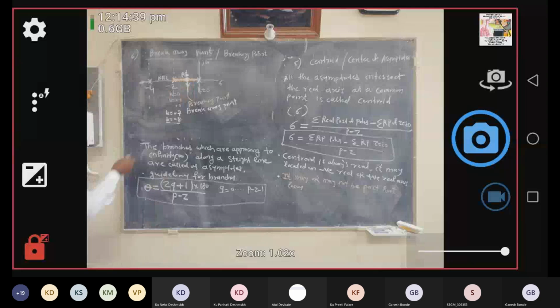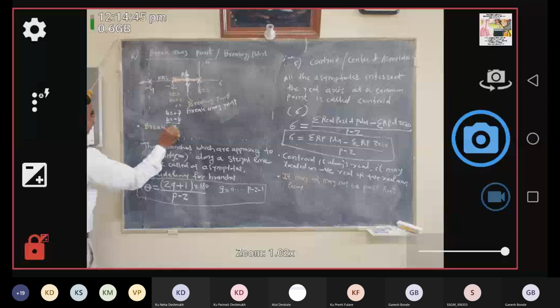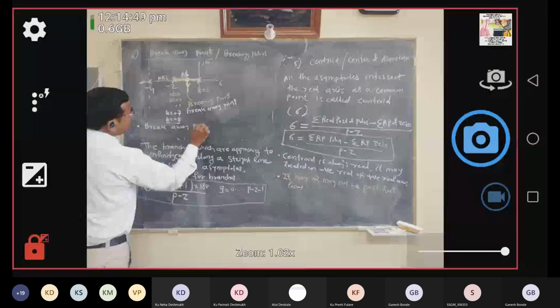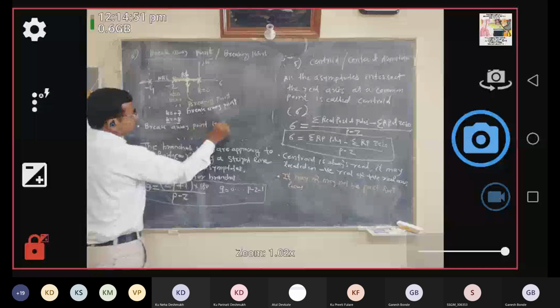So here is the existence of the breakaway point. Note down: the breakaway point always exists in two open loop poles, consecutive open loop poles.